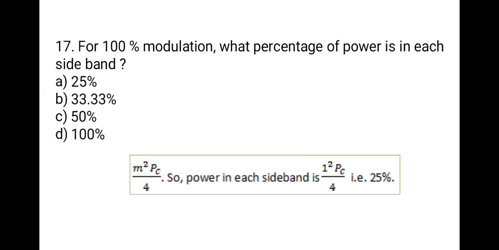The next question, for 100% modulation, what percentage of power is in each sideband? And we know that the power in each sideband is 1/4, or 25%. So the correct option is A.